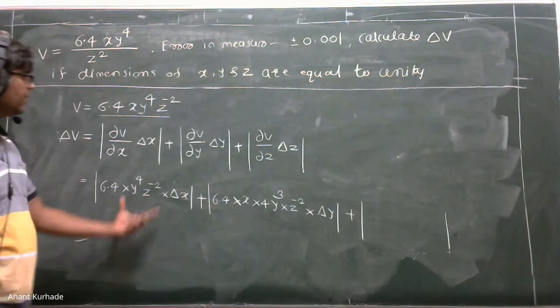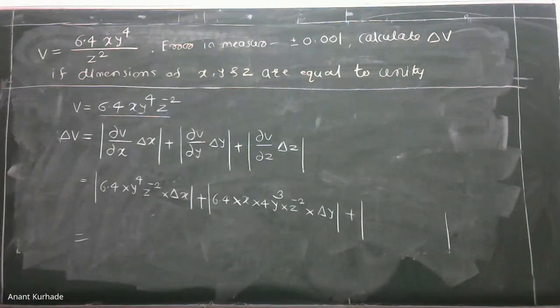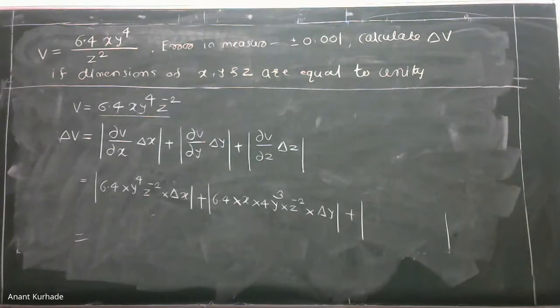Single calculator. Tell me this value. Say this is what? 0.0064. It is 0.006. Is it correct? Yes, sir. Okay, fine. Go for the next one. The total answer is 0.0448. 0.0192 total.